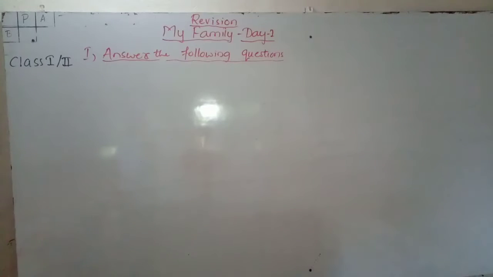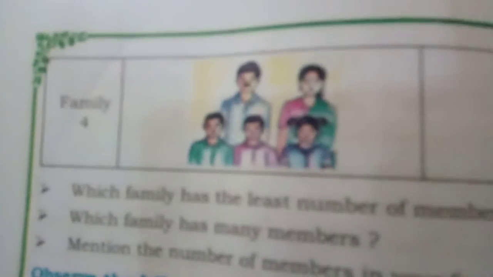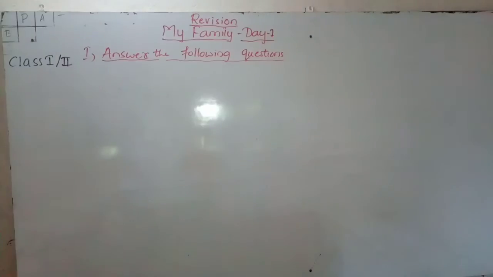Now one more picture, let me show you page number 109. Here how many are there? 5 members are there. So you write 5 in the last column. Which family has the least number of members?